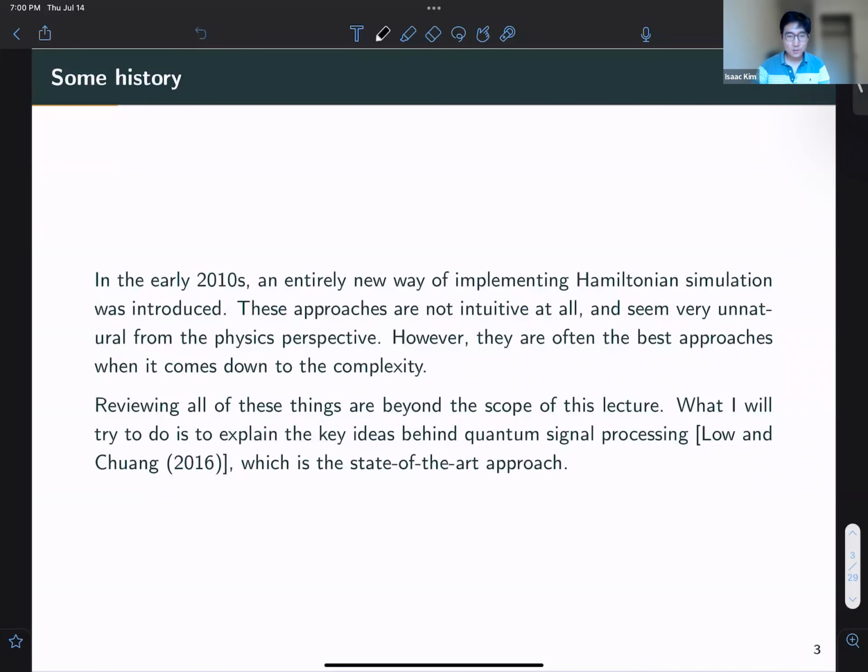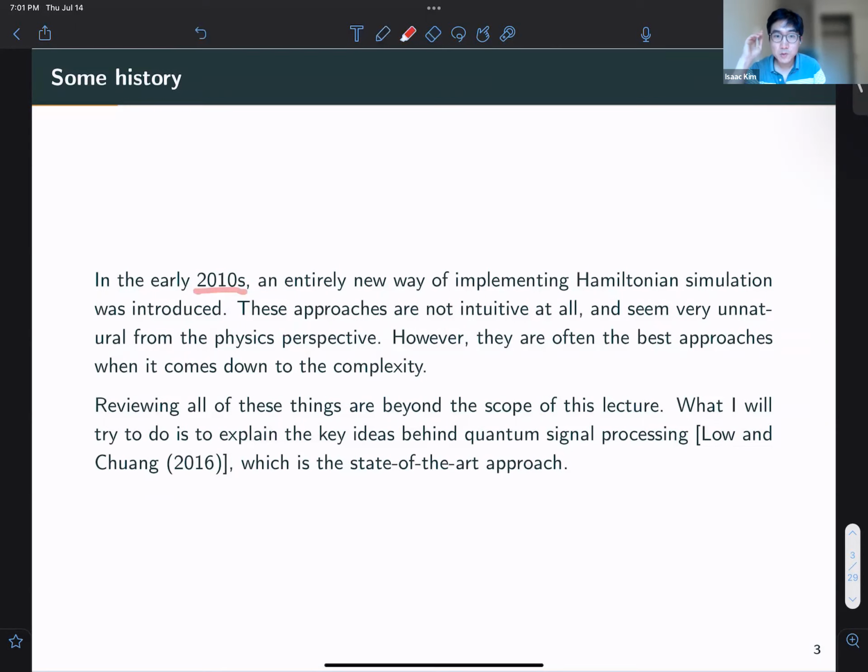So let me give you some history, actually. For a long time, Trotter-Suzuki decomposition was the default method to do Hamiltonian simulation in quantum computing. But starting around 2010s, an entirely new and different set of ideas started to appear, which seems very unnatural from the physics perspective.